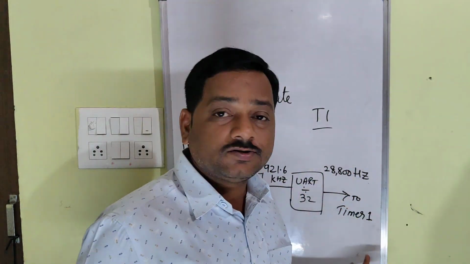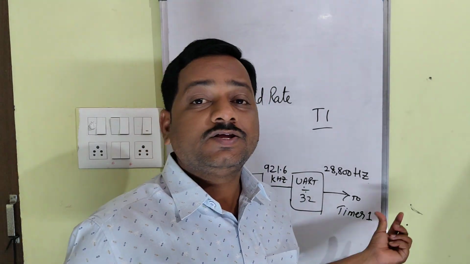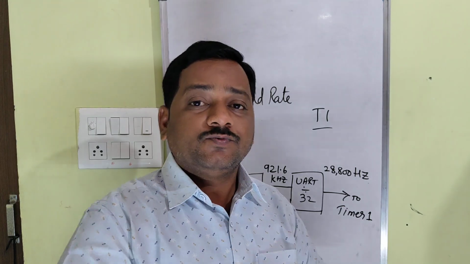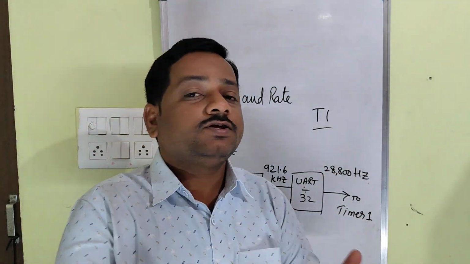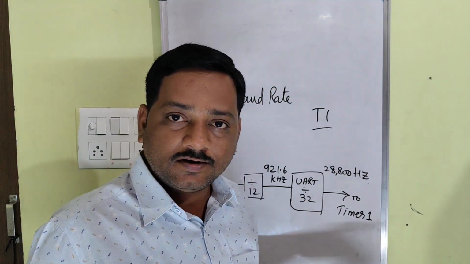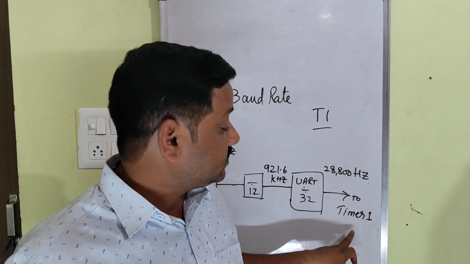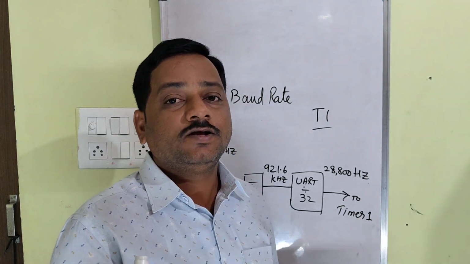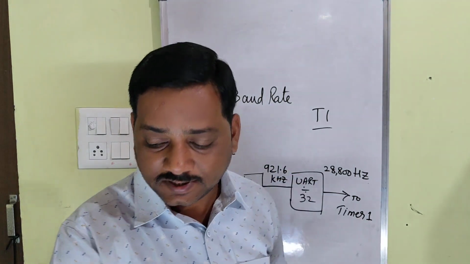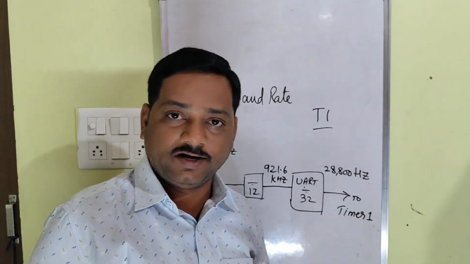When we give this frequency to timer 1, we can give some input to timer 1, using which we can define the baud rates I mentioned earlier. So whatever input you give to timer 1 will decide what baud rate you are going to select. I'll take an example and tell you how we can select the baud rate.